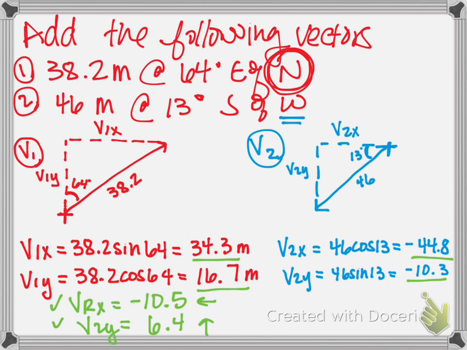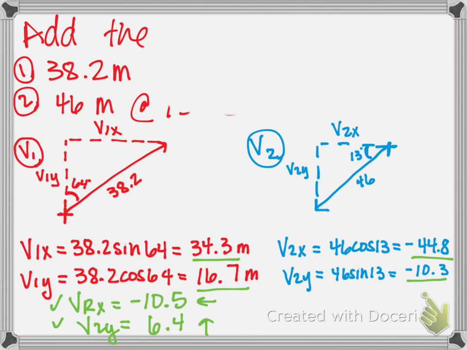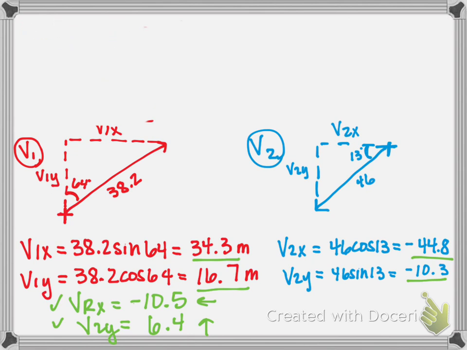Last thing I need to do here is build my new triangle. So I'm going to get some space up here. Build my new triangle. Does it matter if I draw the x component first or the y component first? No. It does not make a difference. Okay, I'm going to go 10.5, 6.4. And I'm trying to solve now for my resultant.